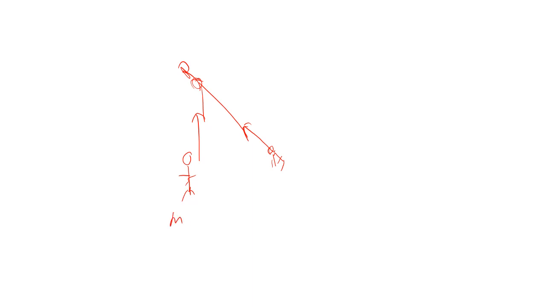So we're going to call this mass 1, mass 2. The running back has a mass of 175 kilograms and is moving with a velocity of 1.85 meters per second.